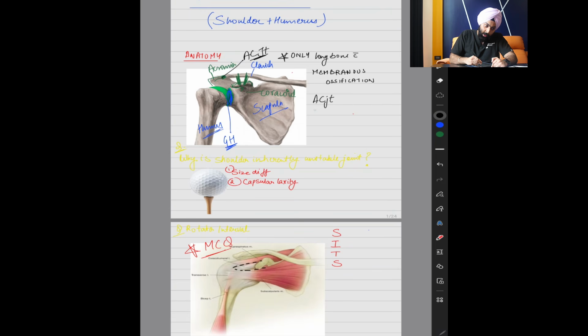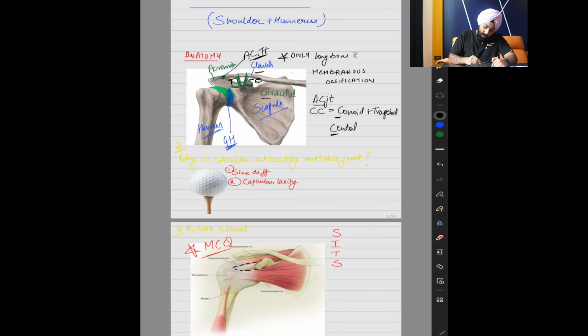Now we have the CC joint, that is the coracoclavicular joint, and in this we also have conoid and trapezoid. Now what is the way to remember this? C and central, both C. So conoid is placed centrally. Central means more medial. So this is the conoid and this is the trapezoid.